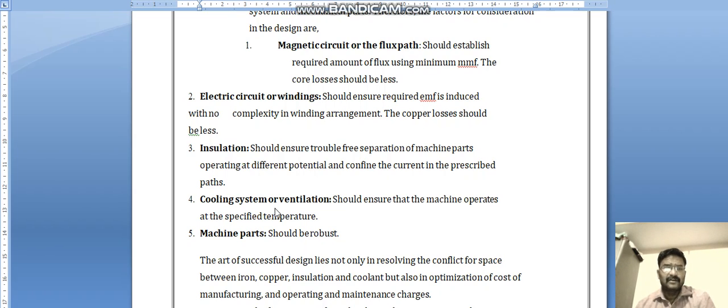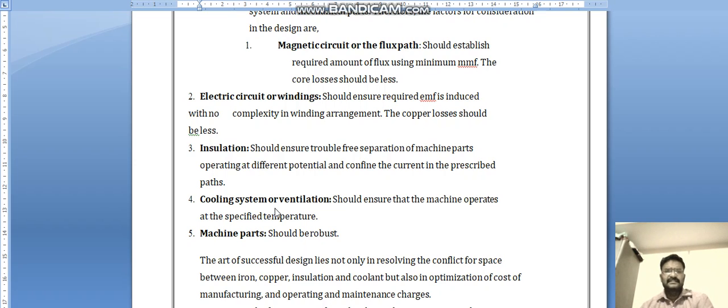Then obviously the insulation on the copper wires will be eliminated, so short circuits may occur. So cooling or ventilation plays a major role for the efficiency as well as protection of the system, and the life of the machine will be increased with proper cooling.